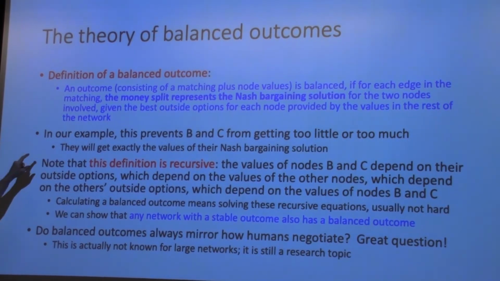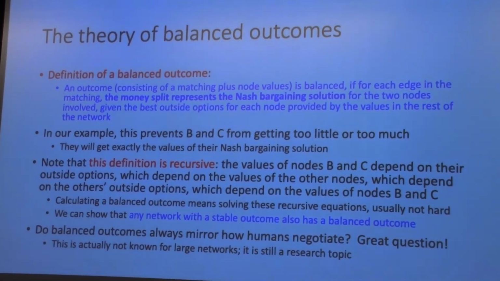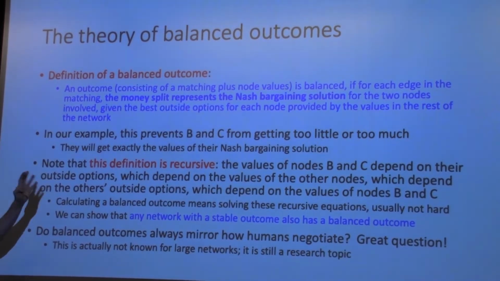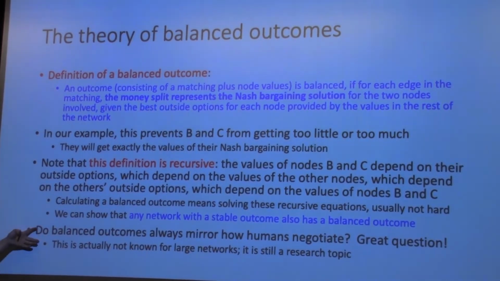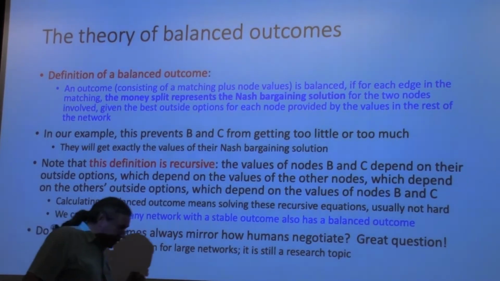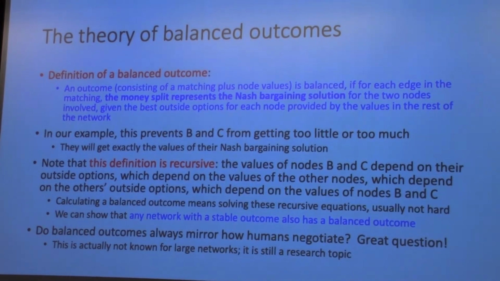So balanced outcomes that are not extreme is how humans negotiate. Maybe, okay? This is actually a question that's not solved yet. This is still kind of research. You see, this is kind of a subtle area to understand, but it actually comes pretty close to how humans are thinking.